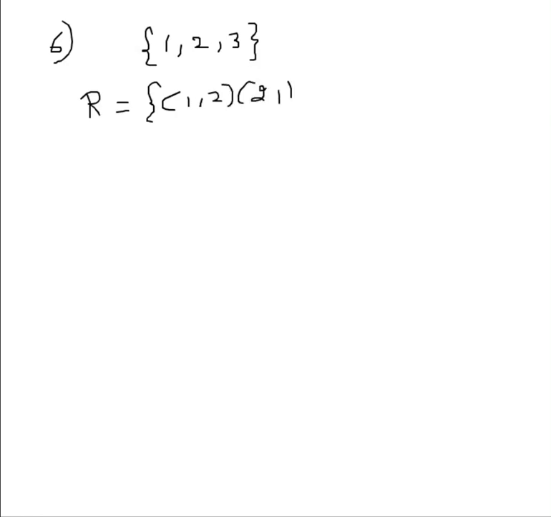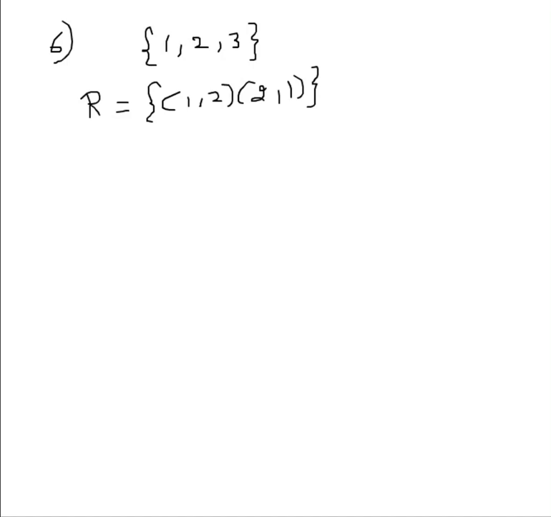Now question number 6. Show that the relation R in the set with 3 elements, 1, 2, 3, given by the relation (1, 2), (2, 1). Only 2 elements are there in this relation.